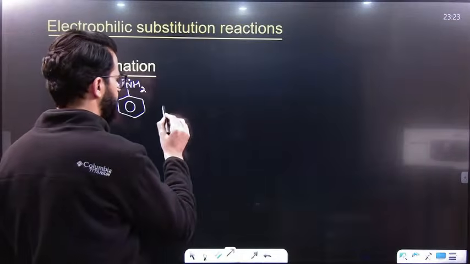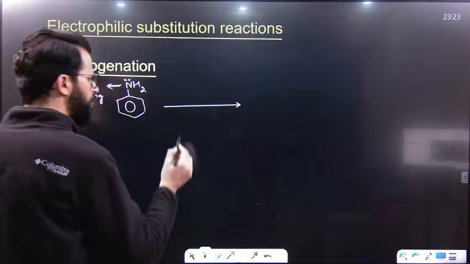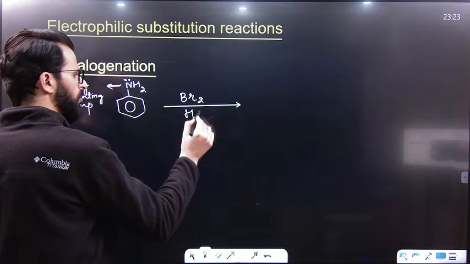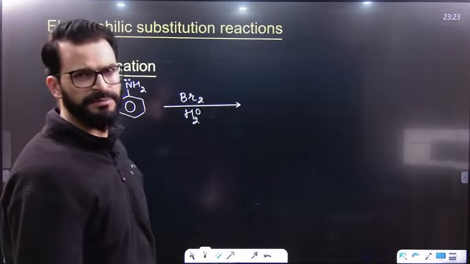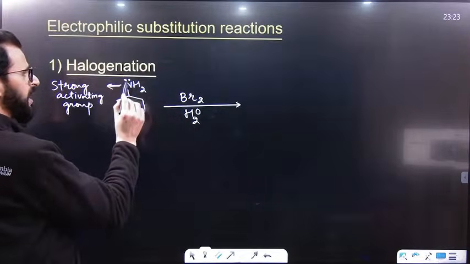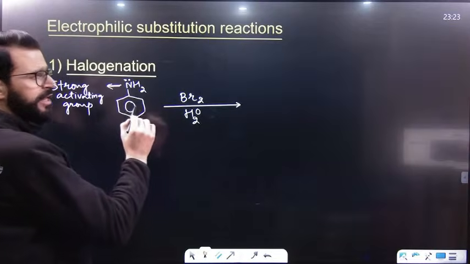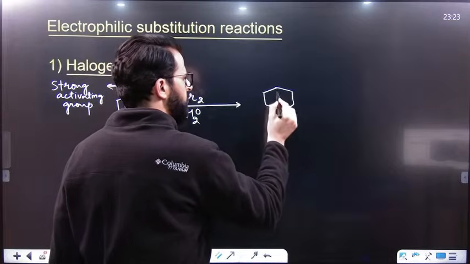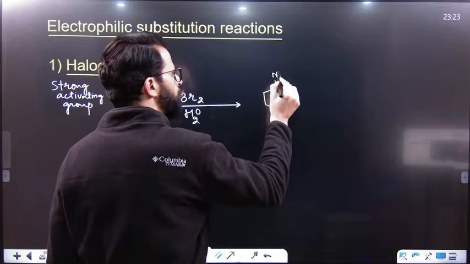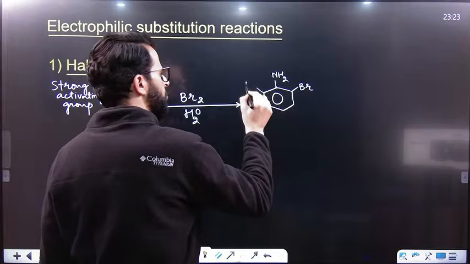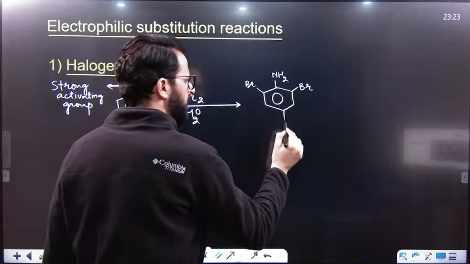Now, if it is treated with bromine water, that means bromine in presence of water, or bromine in presence of an inert solvent like CS2, then as it increases the electron density of the ring at every position, because it donates electrons very strongly, the electrophile goes to the ortho position as well as the para position.